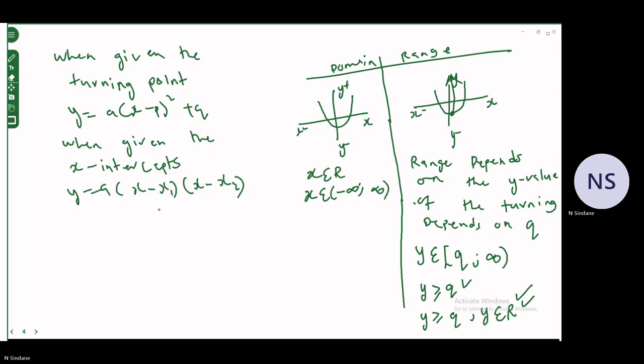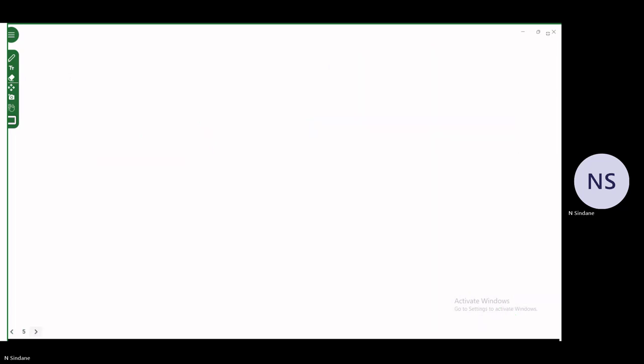Now, let's move to the second graph, which is a sad face. Your graph is now something like, okay, let me just get some space. I'm still looking for the domain and range, right?